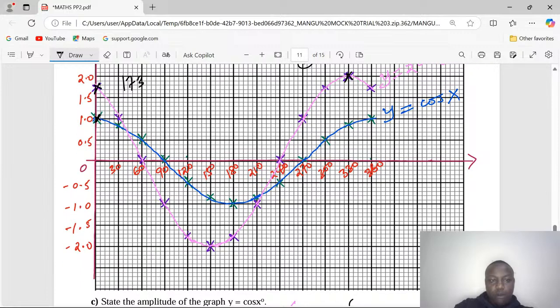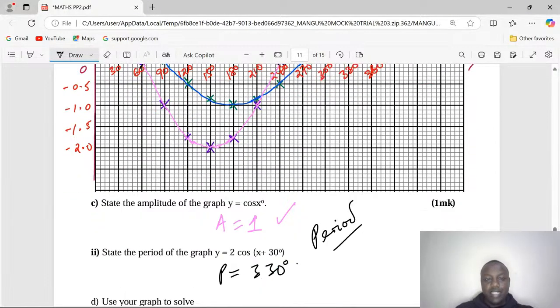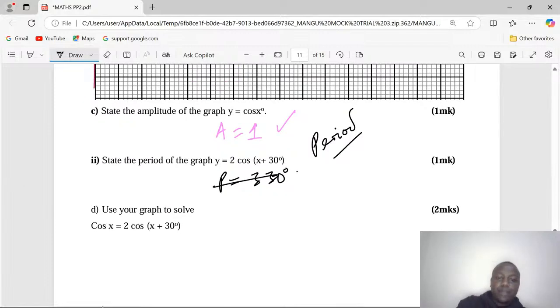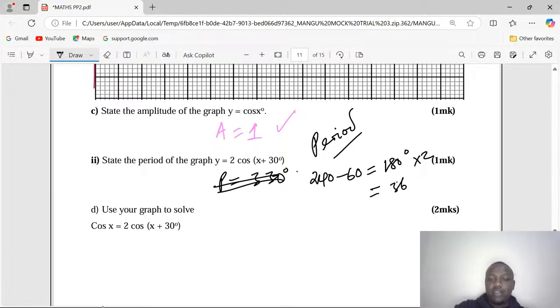When we study, let's say, from 60 degrees all the way to 240, this is half a cycle. 240 minus 60 is 180 degrees, which means if this is half a cycle, then a complete cycle will be this multiplied by 2, and we get 360. From the graph, 360.